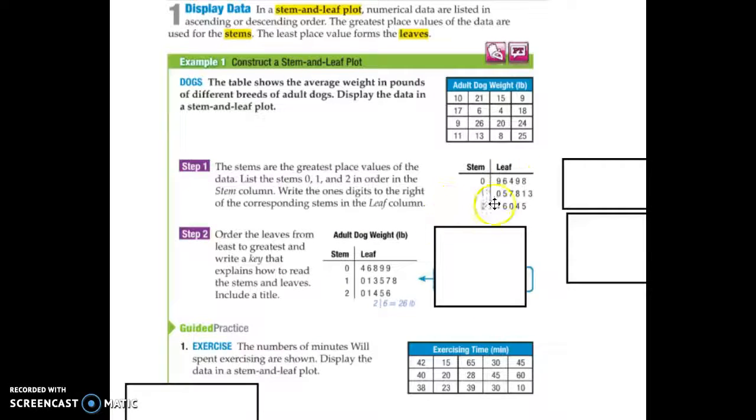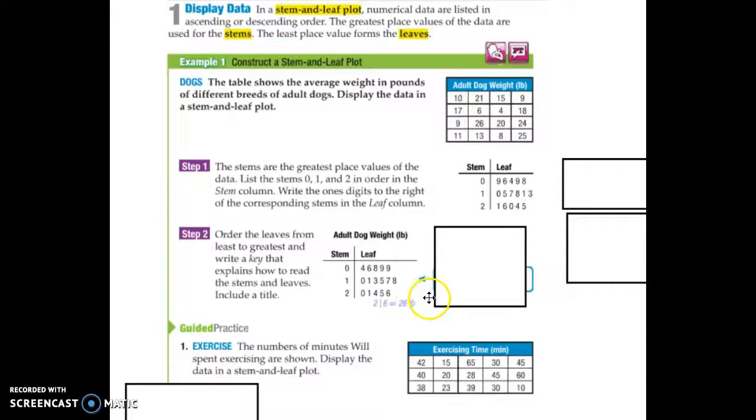I look at all my single digits. 4 is my smallest, then 6, then 8, then there's two 9s, so you have to write both 9s, even though there's two of them, you have to write them all down. Then in my tens, I have a 10, an 11, a 13, 15, 17, 18, and so on in the 20s.